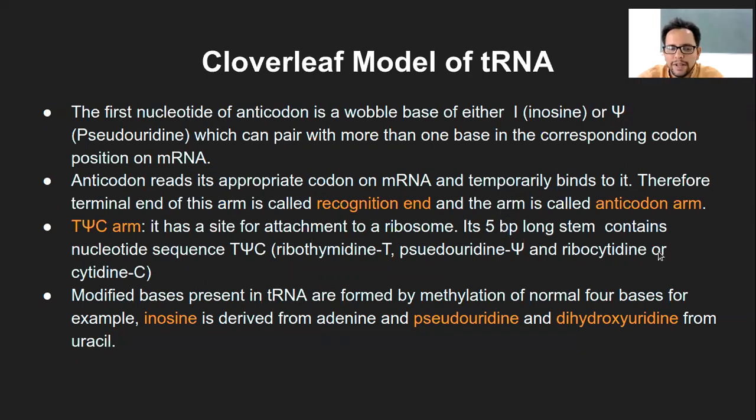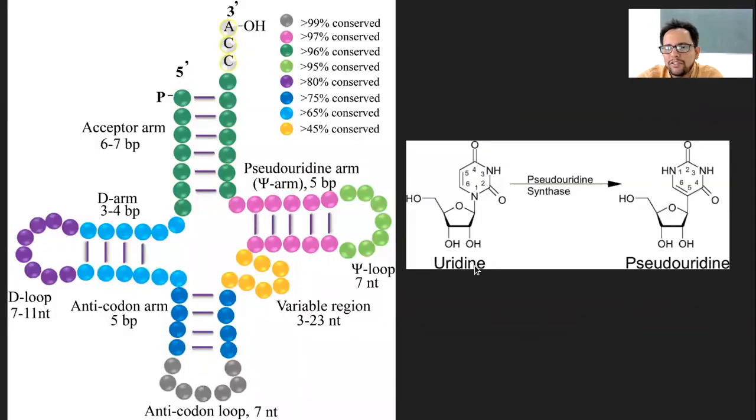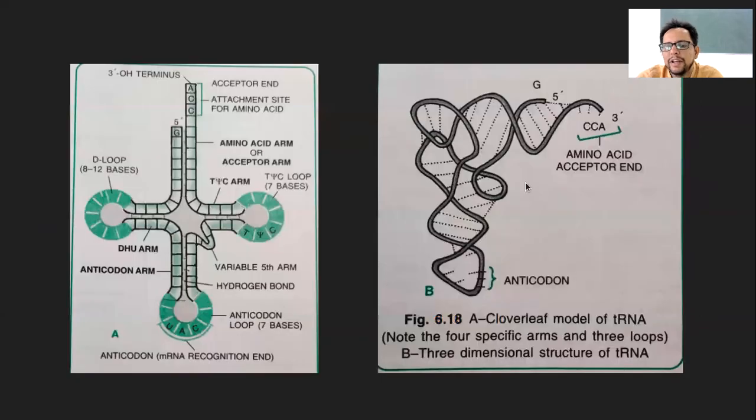Are you talking of DNA? No, sir, the tRNA. Yes, sir, the interaction between tRNA and mRNA. Yes, but that is when the structural aspect of the tRNA comes into the picture, right? The last base pair is kind of wobbly because of the structural formation of the tRNA.